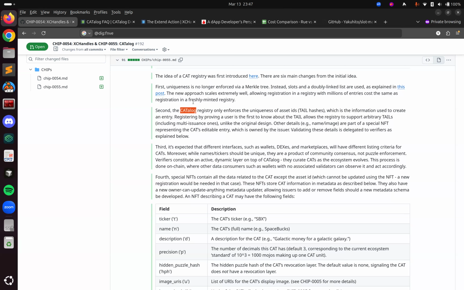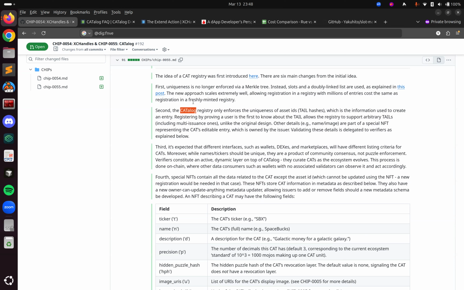So you can have two cats that claim to have the same ticker, but the realization of Catalog is that it's just a layer that provides data, and then it's up for verifiers to arbitrate this. Because the blockchain isn't a very good judge of saying, hey, this ticker should belong to X, not Y. There could be someone that really, really wants to register USD. You have no way of preventing that with on-chain code other than a blacklist, but then who decides the blacklist?